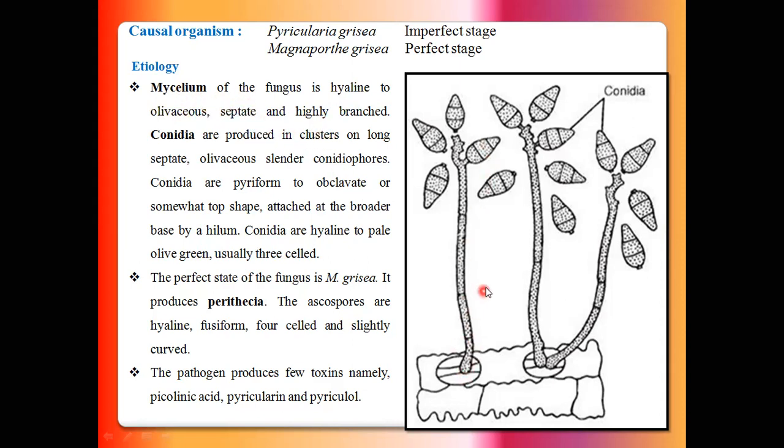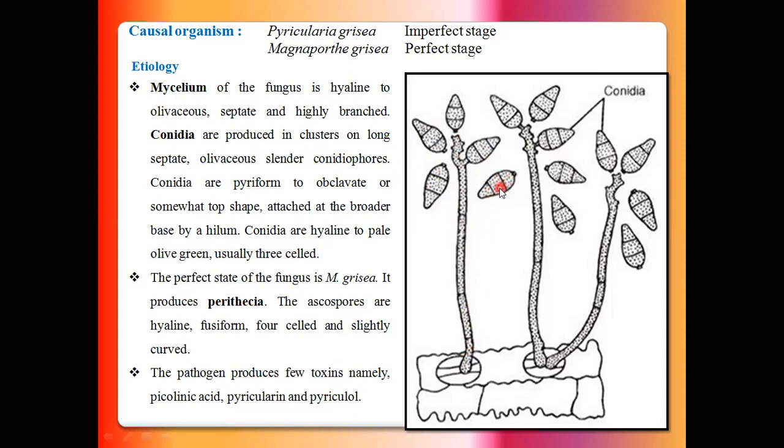The conidia are generally produced in clusters on the tip of the conidiophore. You see the individual conidia. Conidia are generally pyriform to obclavate, somewhat top shaped, and a number of the pyriform conidia attach at the tip of the conidiophore.